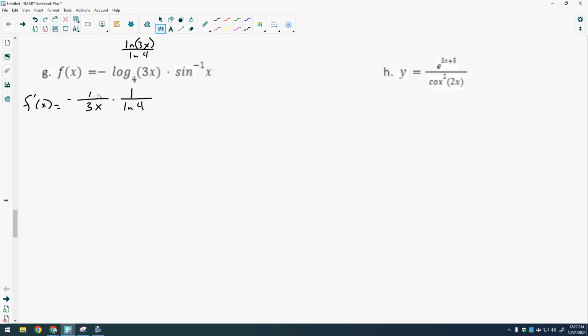Okay. Once again, I'm going to start over and talk myself through product rule. Derivative of the first, done, times the second, plus the first. My first term is a negative log, so I'm just going to change that, plus the first, times the derivative of the second.